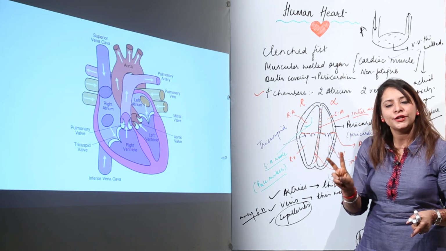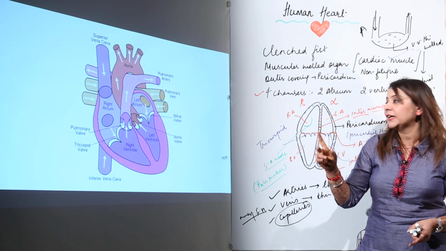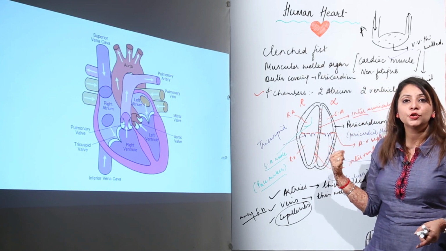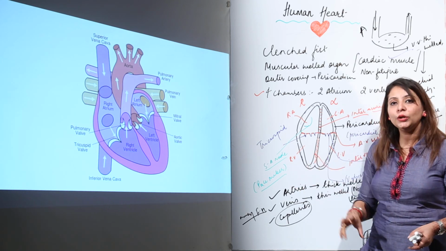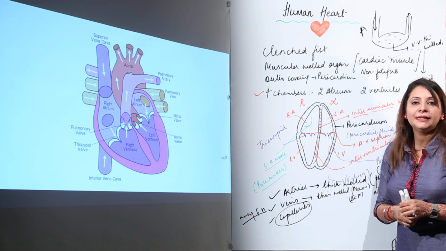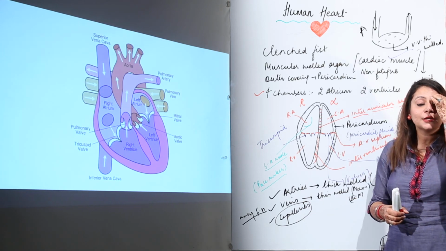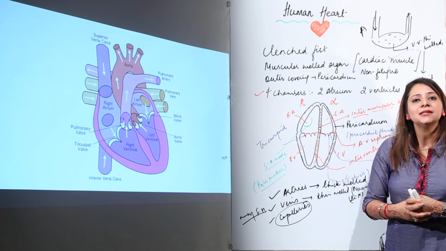You are familiar with the interatrial septum, the interventricular septum, and the AV septum. You know the bicuspid and tricuspid valves, as I told you, prevent the backflow of blood. You know the largest artery is the aorta, and what arteries, veins and capillaries do. And please keep in mind that arteries and veins are not blunt, they are interconnected by means of capillaries through which the exchange of substances takes place.